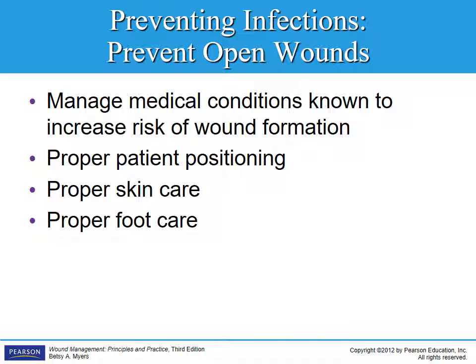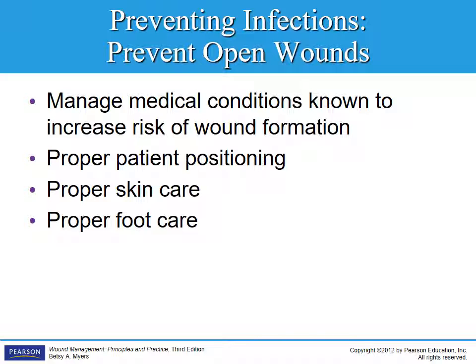So what you want to do with someone who has any kind of comorbidity going on is manage those medical conditions. I've talked a lot about diabetics and the number of diabetics I've seen in the past. Those blood sugars have to remain as close to normal as possible for a patient to heal if they're a diabetic.